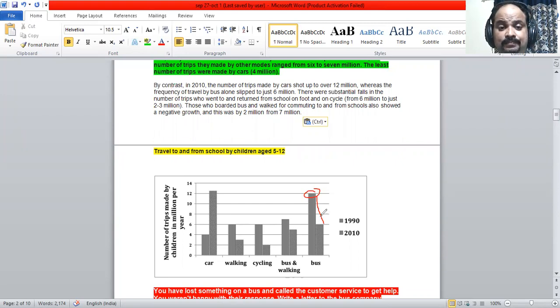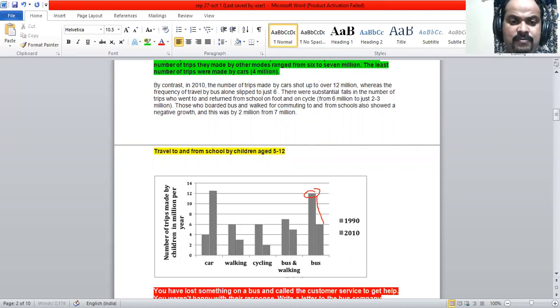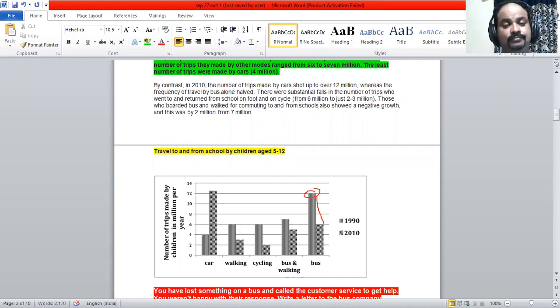Now, I can write something else there. Whereas the frequency of travel by bus alone halved. That's enough, because it was 12 million.